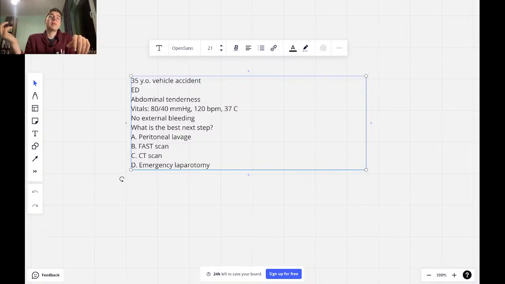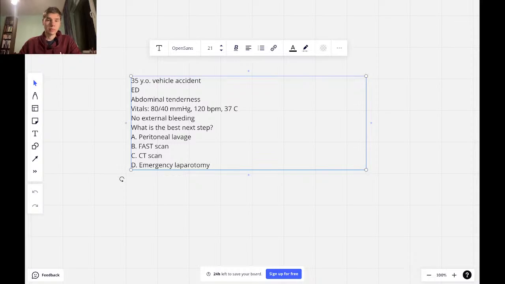The hemodynamically stable patients will undergo a CT scan, as in this case C. On the other hand, patients that are hemodynamically unstable, such as this one, will go for the FAST scan. If the FAST scan is equivocal, then we consider a peritoneal lavage. Emergency laparotomy has one indication, and namely not abdominal tenderness but abdominal rigidity or surgical abdomen.